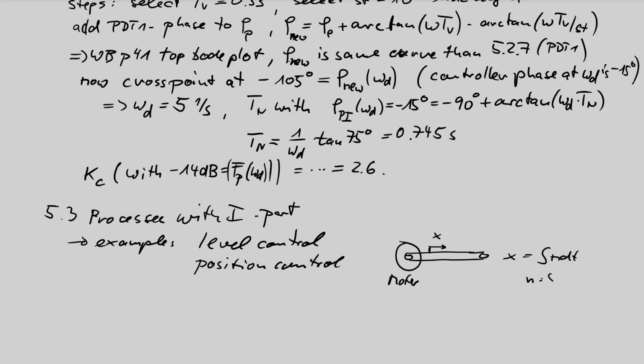N is speed of the motor. Very simple physical relation. The position of the belt is a direct integration of the speed of the motor.